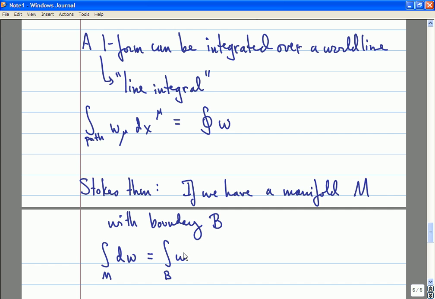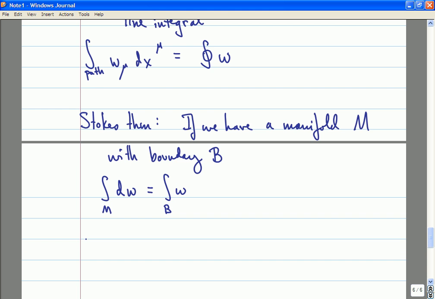So for example, in vector calculus, this will lead to the formula that the integral over some volume of a divergence is equal to the integral over the boundary of the normal vector dotted into V. All of the other variants of Stokes' theorem and Green's theorem follow from this formula applied in various contexts.